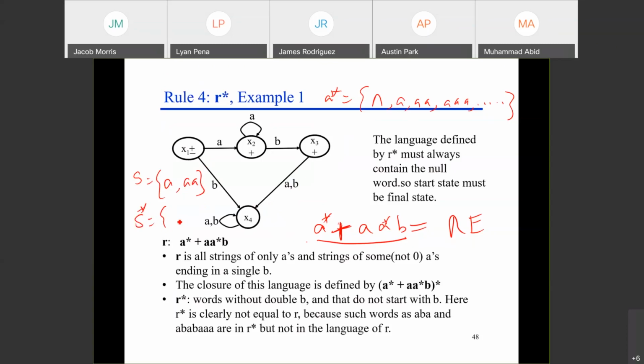So can you please help me to write the S star of that? Anyone? What will be the first word of this language? So I have my language which has just two words, A and AA, and I am interested to find the S star of that. So what will be the first word? Anyone?